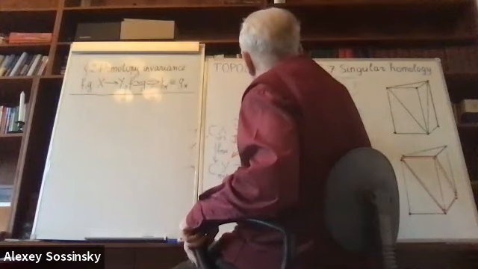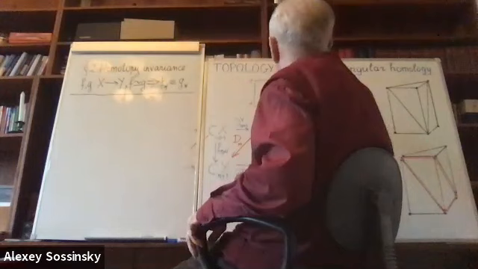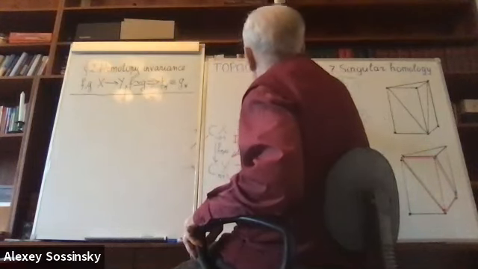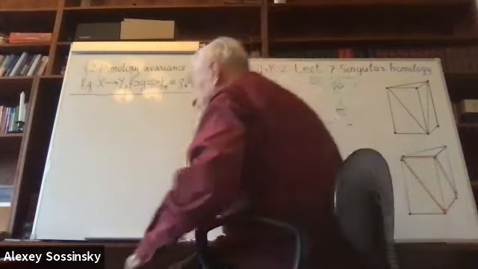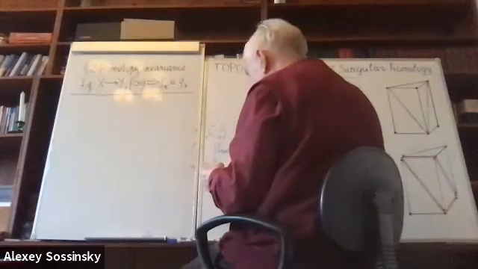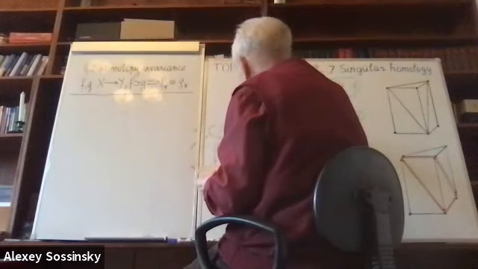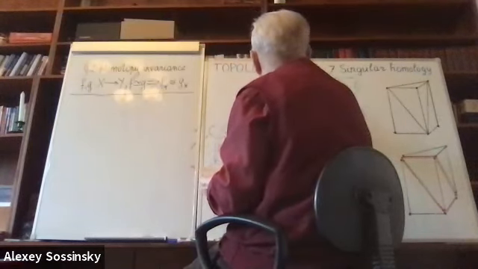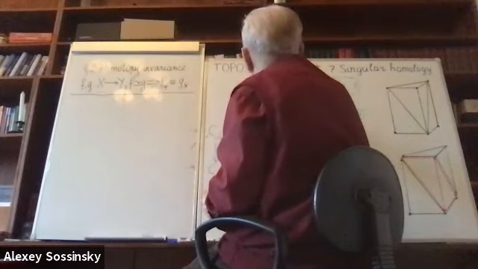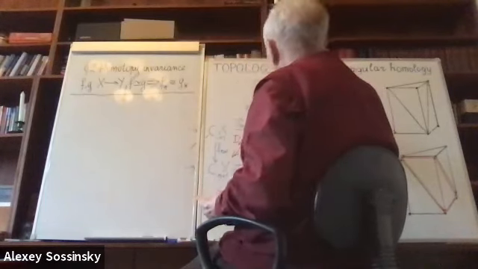So this is 0, 1 here. We need to triangulate this object in a certain specific way, and we're going to do it canonically as follows. We denote (0,0) and (1,0) the vertices of the given one-dimensional simplex.